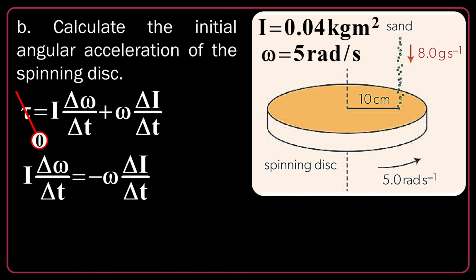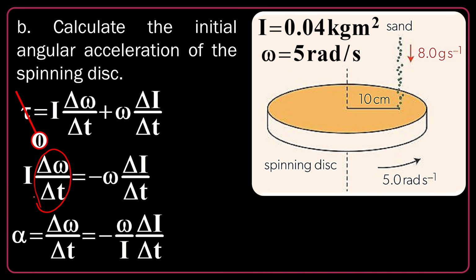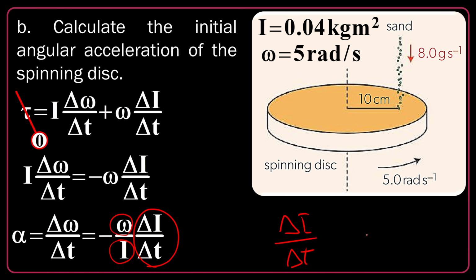Just keep in mind that my goal is delta omega over delta t, that's alpha. So let's write it as alpha equals negative omega over I times delta I over delta t. Delta I over delta t is something that we already found. But omega and I are initial omega and initial I, because this is initial acceleration.